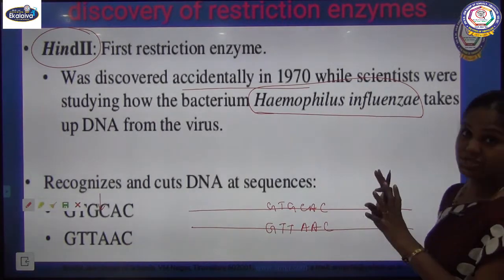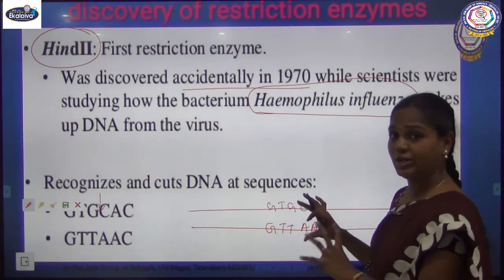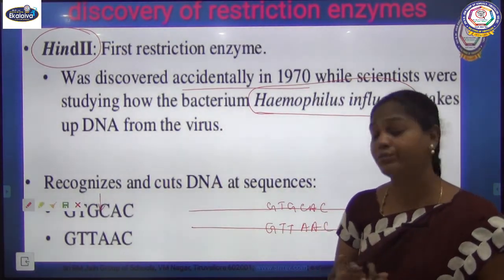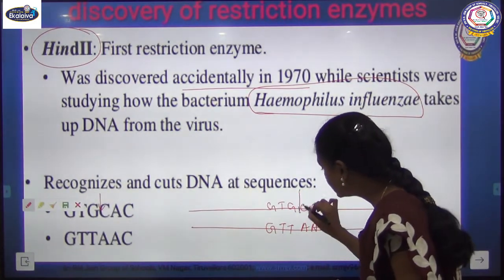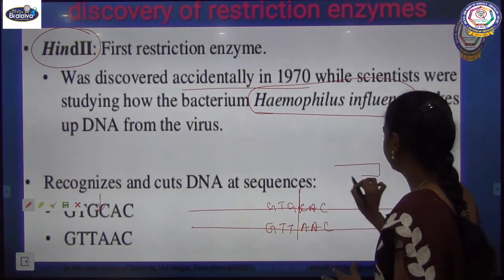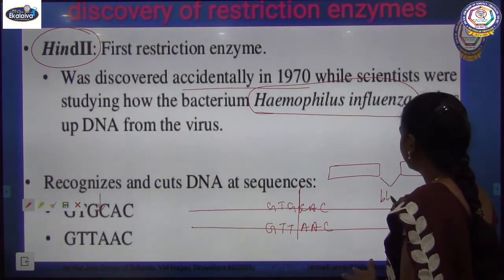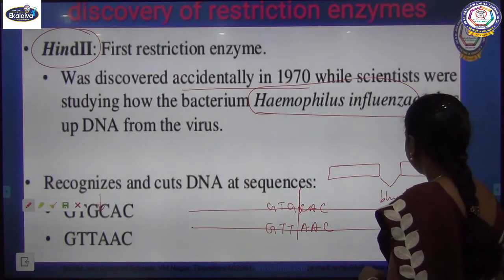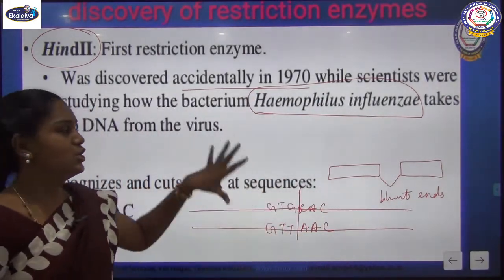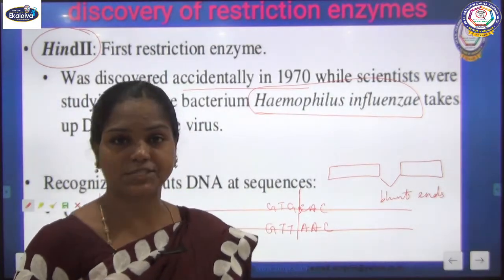This is the restriction site for the HIN2 enzyme. If our DNA has this particular sequence, when you use this enzyme, it will go and make the cut here. So it is cutting our DNA like this. This type of cut produces 2 strands of DNA, and this type of ends we call blunt ends. So this is the function of our first discovered restriction enzyme.